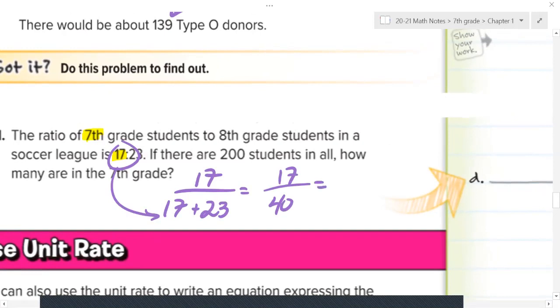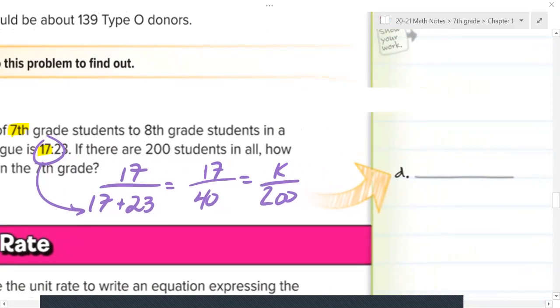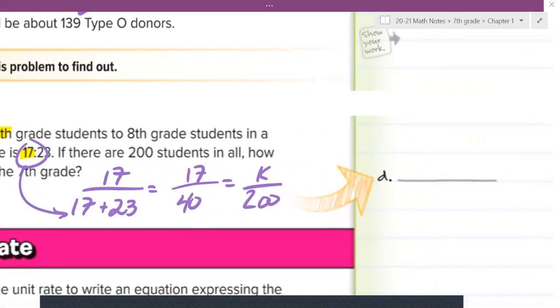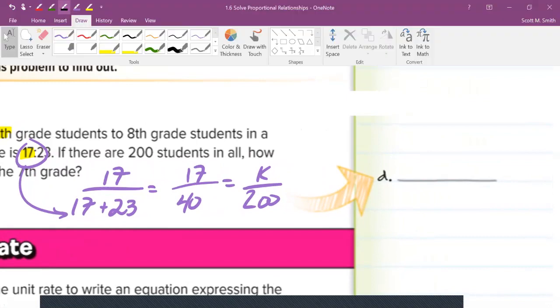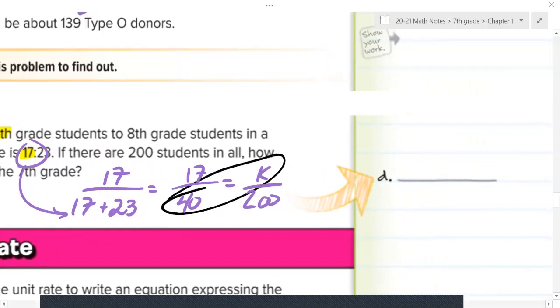And since the total number is going to be 200, I don't know how many are in 7th grade. And since the 7th graders, that's the 17 kids, I don't know this, so I can just say students. I'll do S. I don't want to use S, that looks like a 5. We'll do K for kids. So now, just like we did before, I'm going to use cross products.